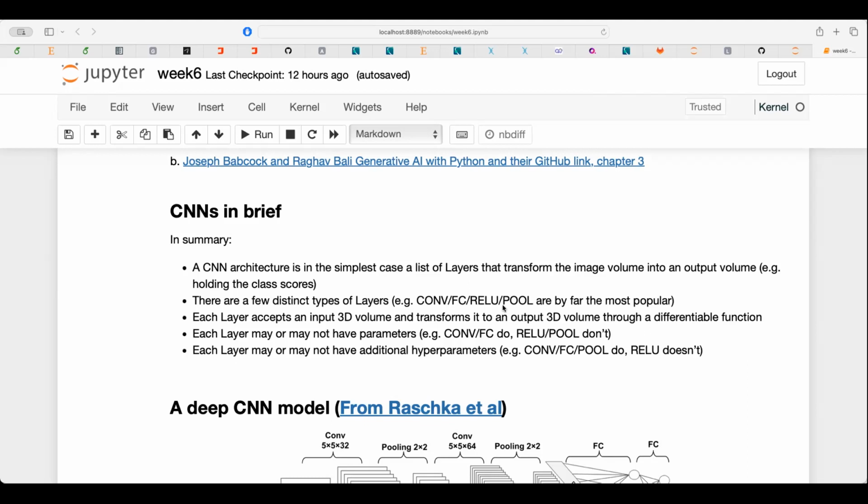When this has been done, you would typically flatten the output into a one-dimensional array, which is then fed into a standard feed-forward neural network. That is the one where you just apply dense affine transformations and then perform the rest of the training.